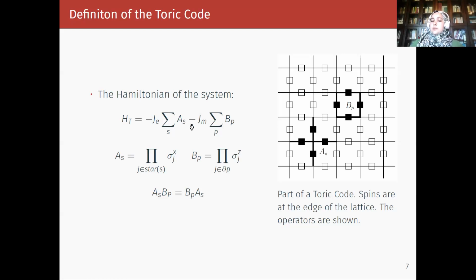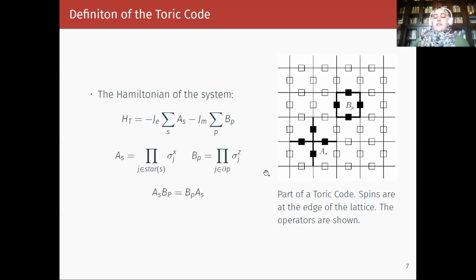And to do this, due to the minus here, I need to get the maximum term with these A_s and B_p terms, right? So what I also know is that sigma x and sigma z can get minus or plus 1 as an eigenvalue. So in this case, to get the maximum term with these operators, I need to get plus 1 as an eigenvalue in both of them.